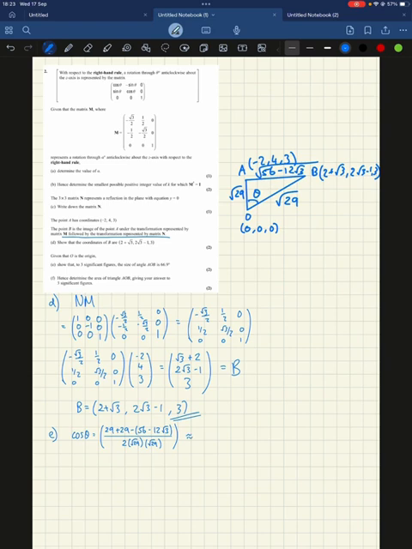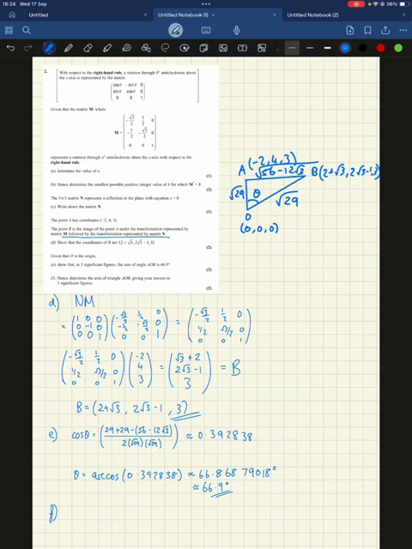And this is approximately 0.392838. So now we'll just do inverse cos of this, so theta is equal to arccos of 0.392838, and this is 66.86879018 degrees, which is approximately 66.9 degrees. So this is part E done, now part F.